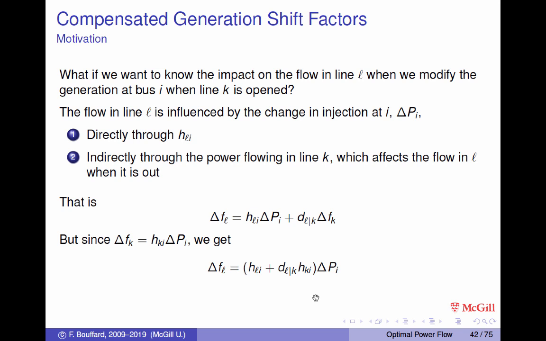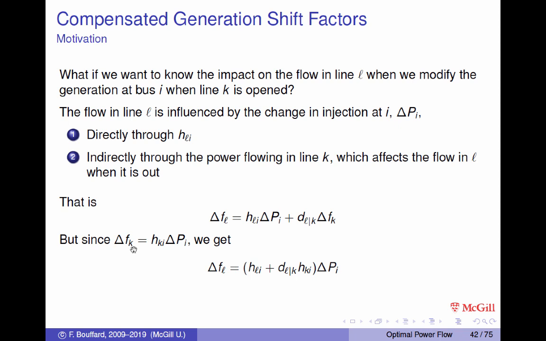So what do we have? Now we have a change in flow in line L. Well, there's a first portion which is due to the change in generation or injection at node I, plus an outage contribution, so DLK, L given K, delta FK, which is the change in the flow after the correction.